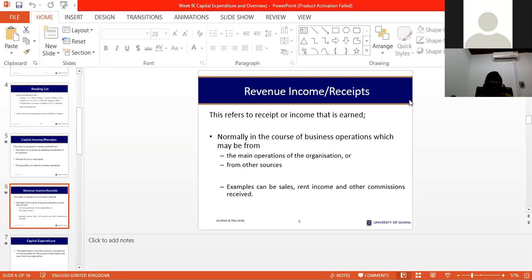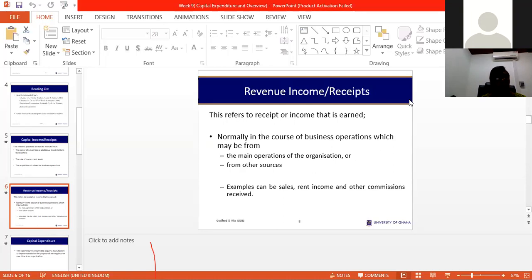Sometimes these receipts also come from other sources. So there are some businesses who have what we call some side incomes. They have a building they are renting by the side, and so there will be rental income.